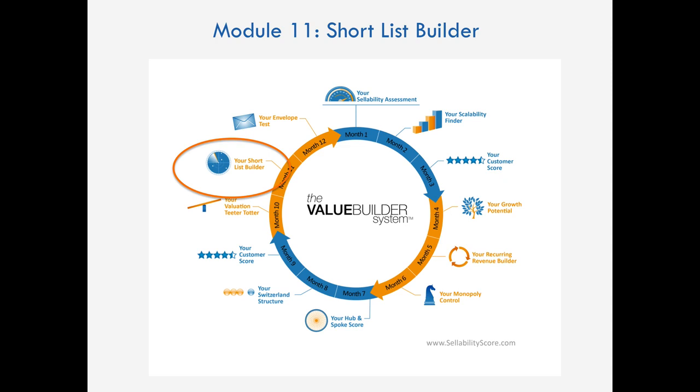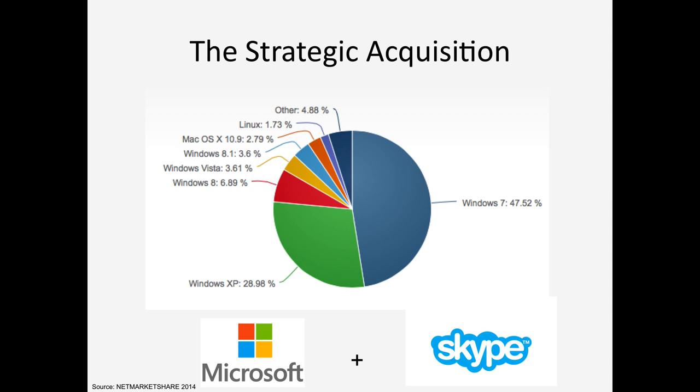Now, there are a lot of reasons that big companies buy little ones, and in particular, the highest multiples, the highest prices are paid for businesses where there is a strategic acquisition involved, where there is some strategic reason that the acquirer wants to buy the business.